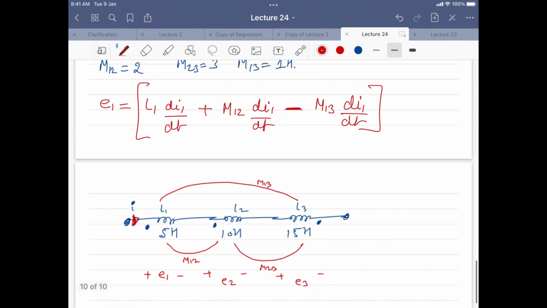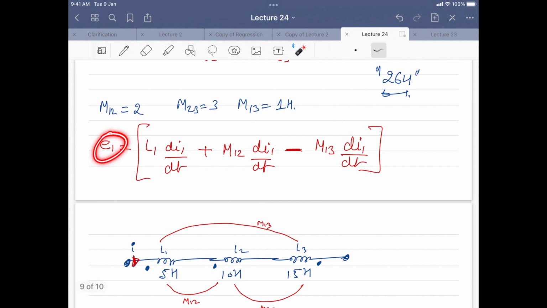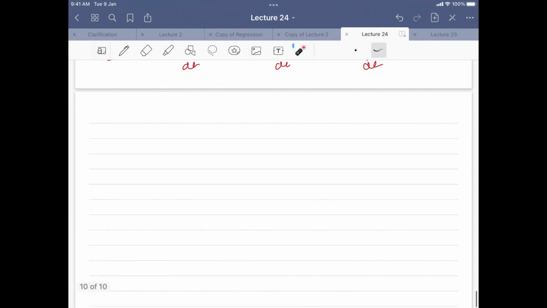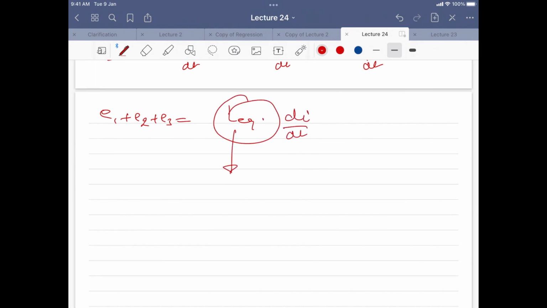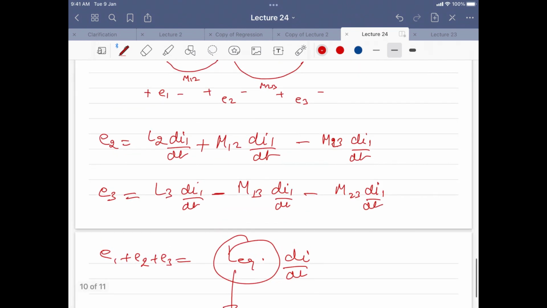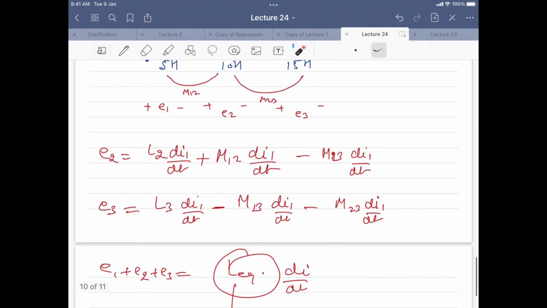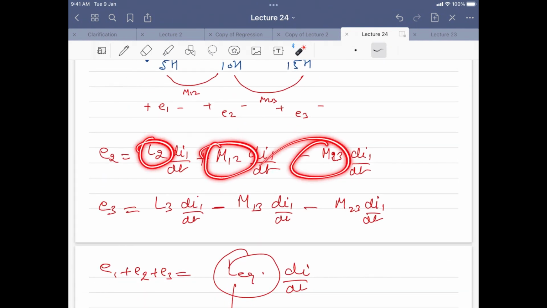If you add all these terms, E1 plus E2 plus E3 is equal to L equivalent times dI by dt, and L equivalent is nothing but the sum of all these terms: L1 plus M12 minus M13, plus L2 plus M12 minus M23, plus L3 minus M13 minus M23.